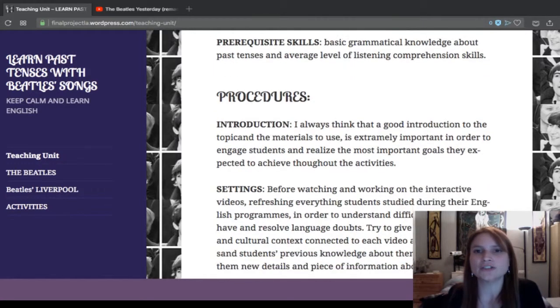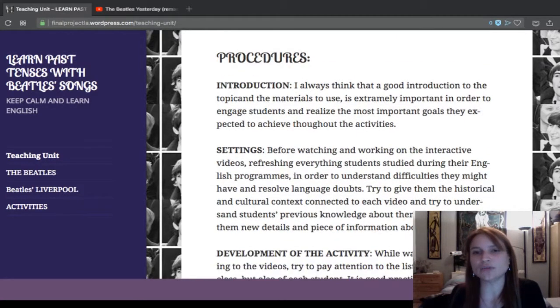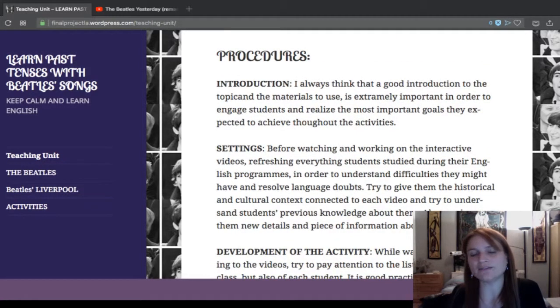I always give a lot of importance to the introduction. A good introduction of the activity makes the students engaged, makes the students think about what they actually want to learn and what skill they want to develop the most.